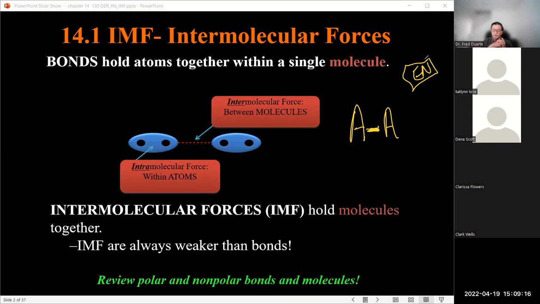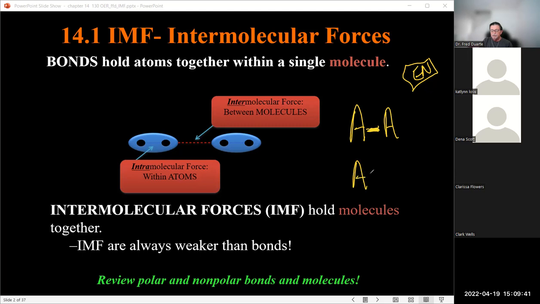It's a measurement. And when something has a high electronegativity, it will tend to pull the electrons onto itself. In this case with A and A, they're both the same, so the electronegativity is equal. Therefore, we have an equal sharing of the electrons in that bond.